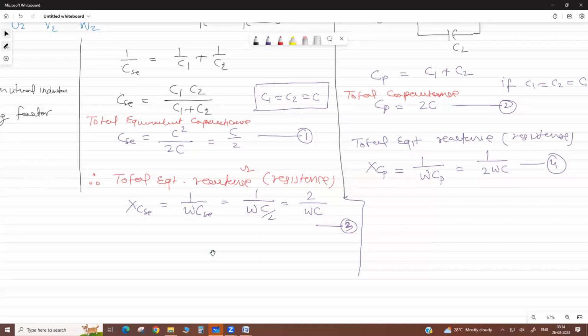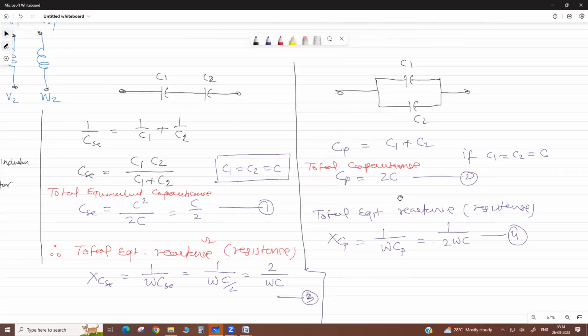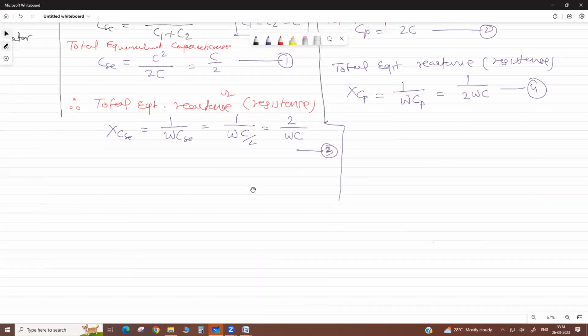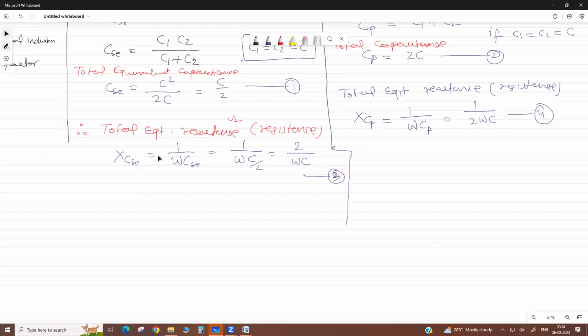Actually, total capacitance is more in parallel. The unit of capacitance is farad, so it is 2C, and in series it is C by 2. But see, reactance is high in series.